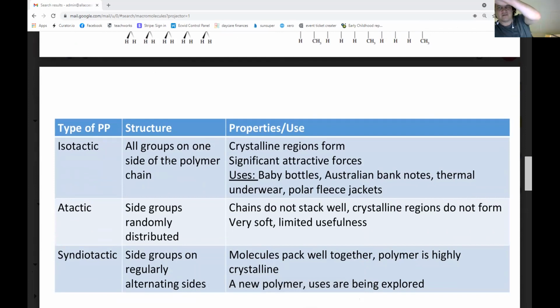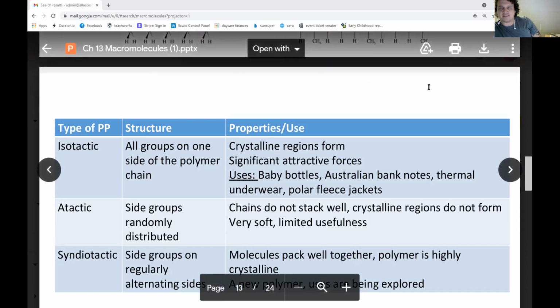So you've got hydrogen, CH3. So this is what we make most of our plastics out of now. We can also make thermal underwear out of it. It's a very good insulator. Baby bottles, our banknotes are now made from them as well.